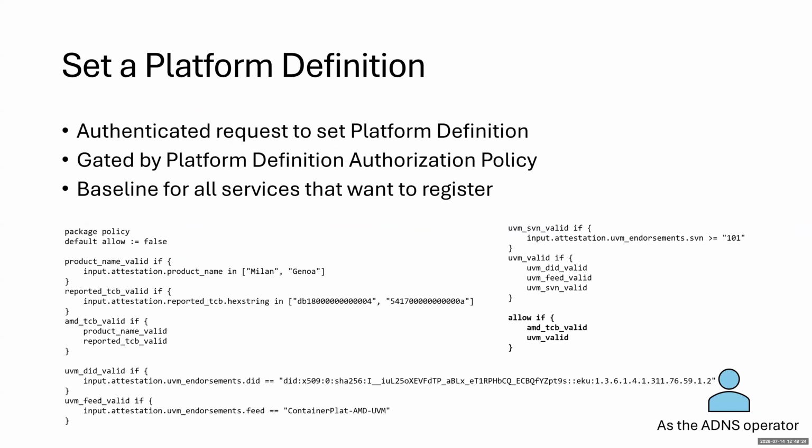To give an example, here you'd have product name, reported TCB and other aspects. So your platform policy can capture all these things, however precise you want to be. In general, you probably have a list of architectures in mind, maybe a level of patching for the TCB, perhaps some configuration flags. That's what's captured and exposed to the policy for you to enforce in the zone.